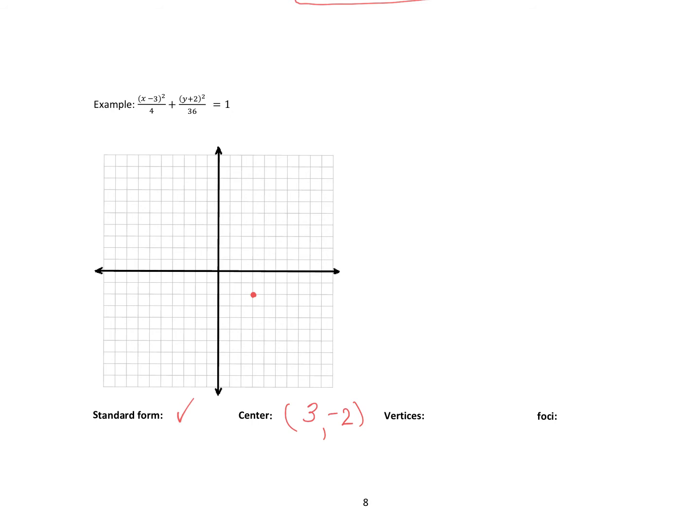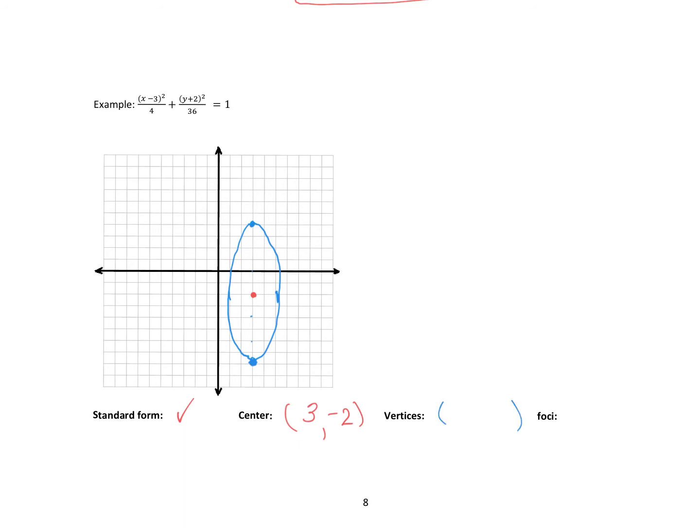So in the x direction, I'll go 2. In the y direction, I'll go 6. I don't know why all of these have a vertical axis, but they do. Vertical major axis.